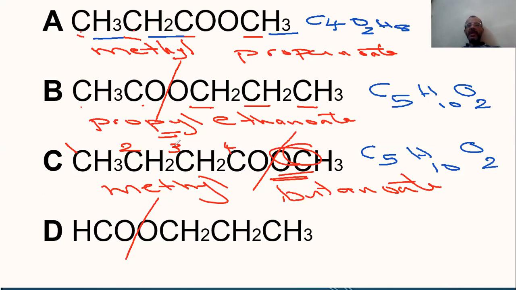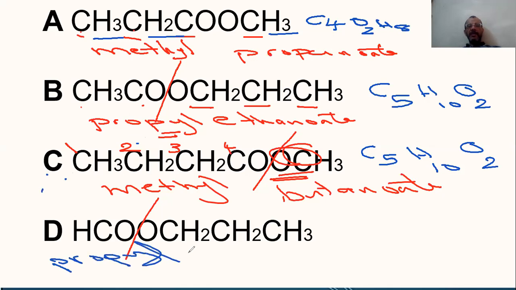The fourth one here, how can you name the compound? Count it. 1, 2, 3. So this one is known as 1 meth, 3 prop. It will be propyl here.